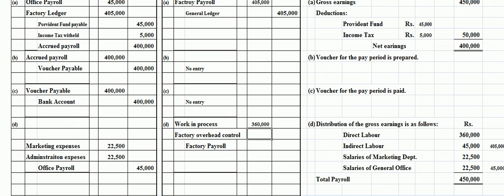Factory overhead control amount is 45,000 rupees. The sum up is 4,05,000 rupees here. Student, this is the entry at the time of closing the payroll in the factory.